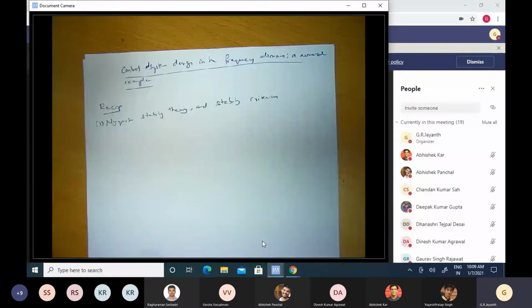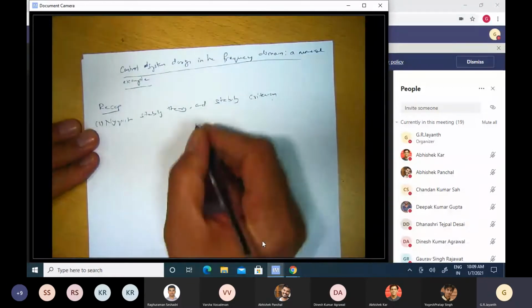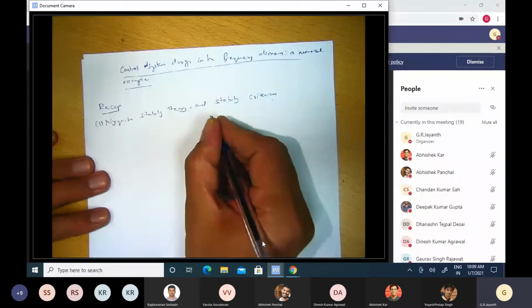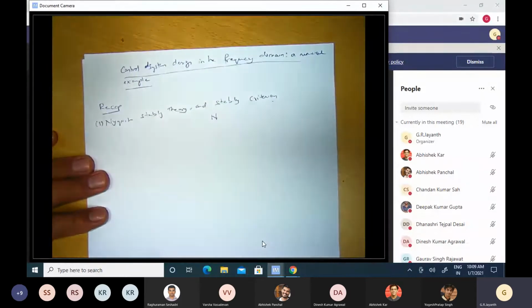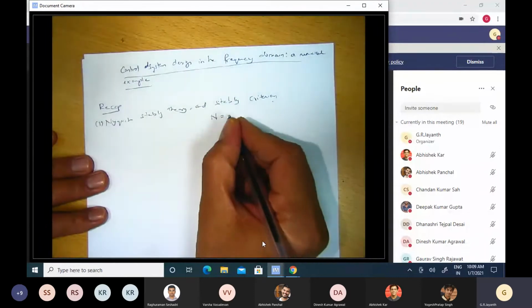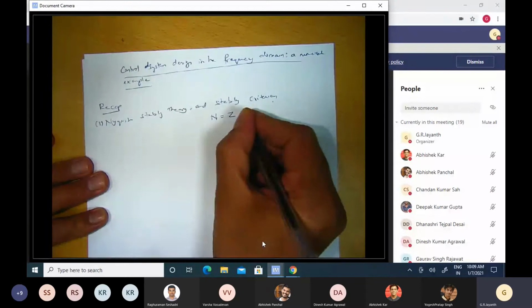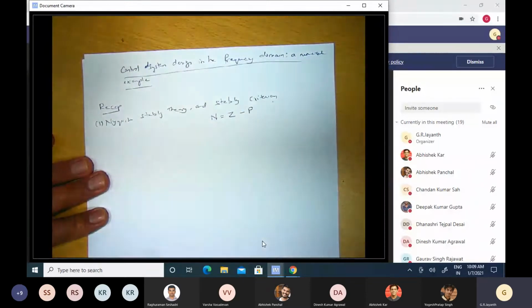Okay, so we talked about the Nyquist stability criterion. So if you draw the Nyquist plot, then the number of clockwise encirclements of the Nyquist plot is equal to the difference between the number of closed loop poles Z and the number of open loop poles P, which are on the right half of the complex plane.